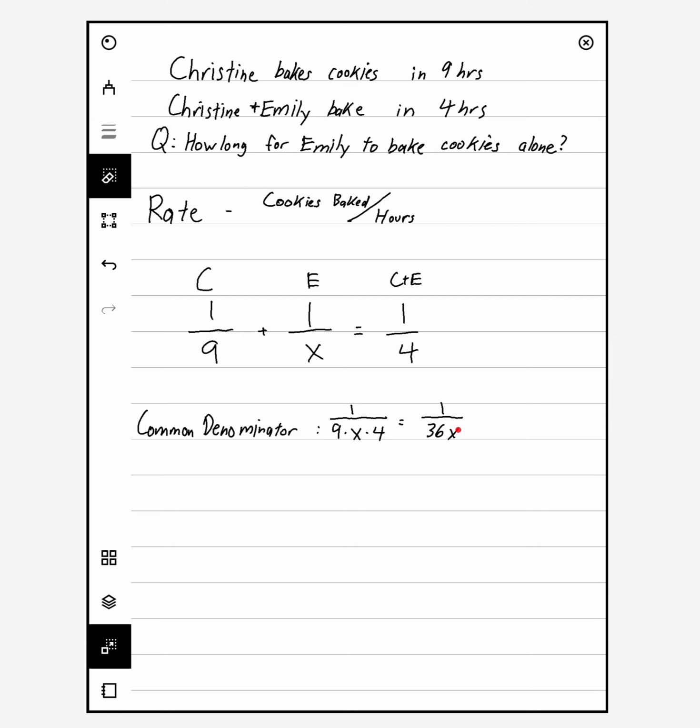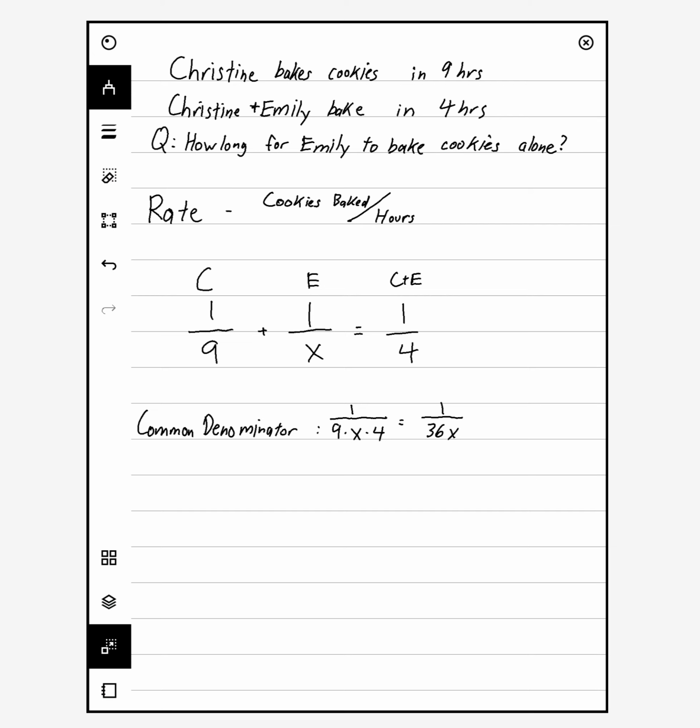So when I combine them all together, I get 36x. So in order to combine these, they all need to have 36x on the bottom. So I'm going to need to multiply the bottom by x and 4. But if I multiply the bottom by that, I need to multiply the top by that.